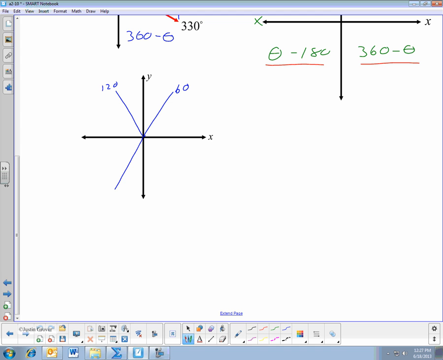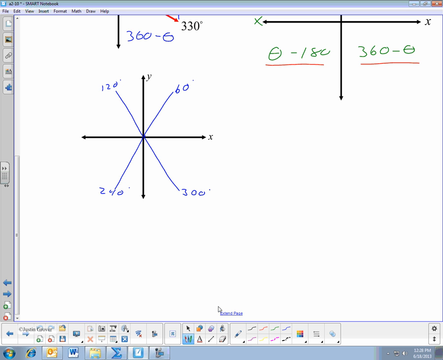And in quadrant 3, it's 60 more than 180, so 240. And in quadrant 4, 60 short of 360 would be 300. So 60, 120, 240, 300, they're quadrant cousins of each other.